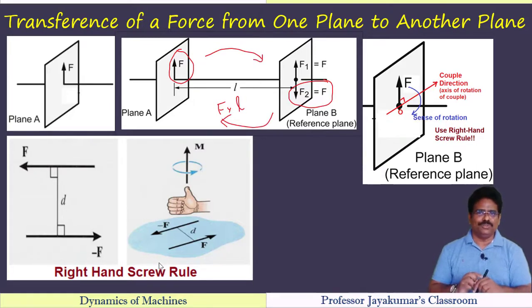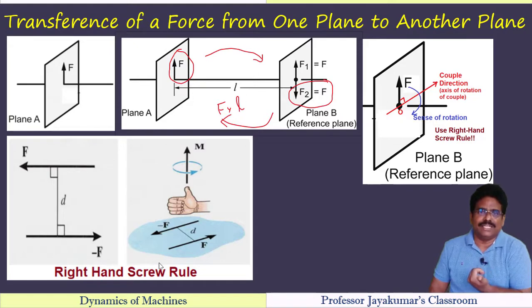So what you need to do is keep your right hand in such a way that the right hand is perpendicular to the plane containing those two forces. In this case, this is perpendicular to our screen. I'm keeping, what is the direction? Either I have to keep inwards or outwards. That should be determined by whether your couple creates clockwise or counterclockwise.